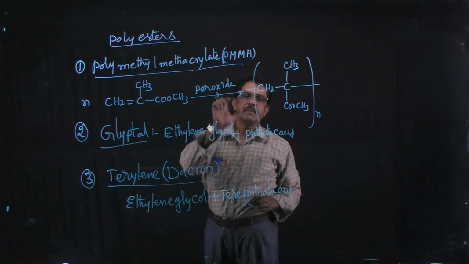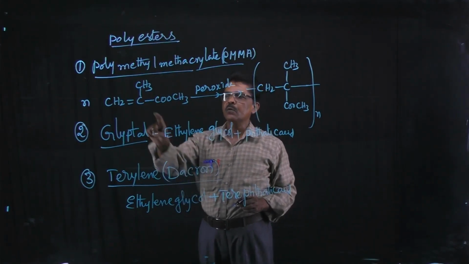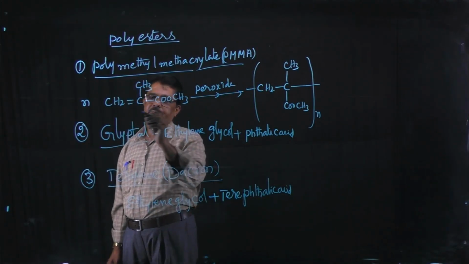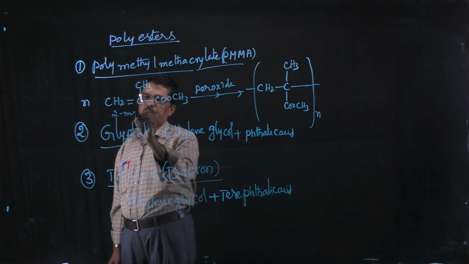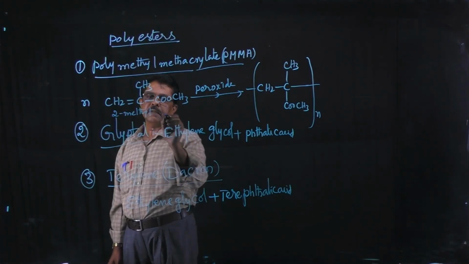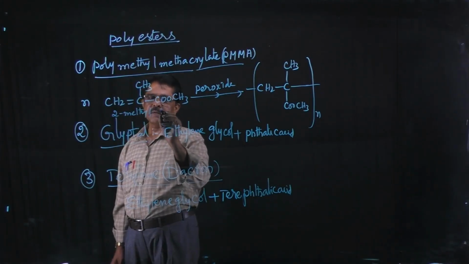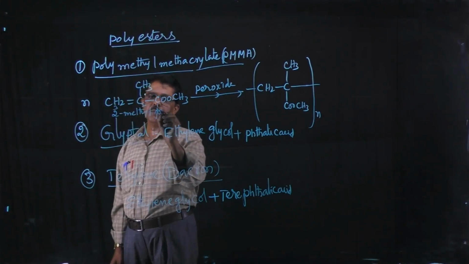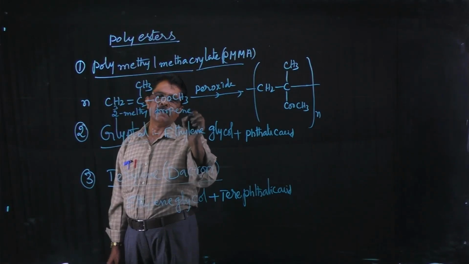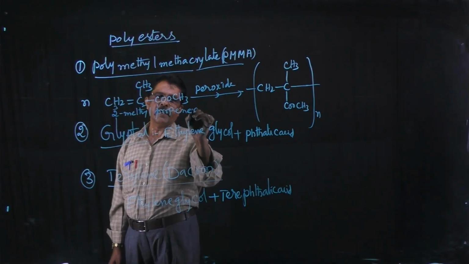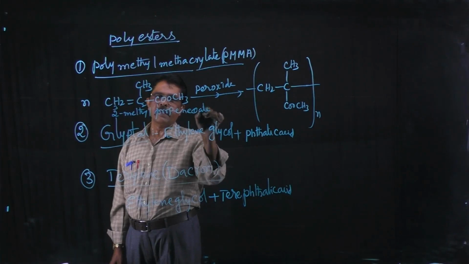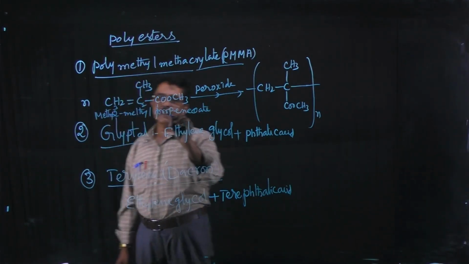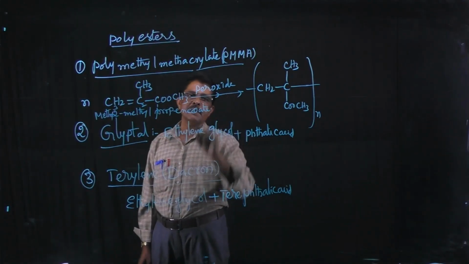So in this polymer, the monomer is methyl 2-methyl propenoate, 3 carbons are there, in the presence of peroxide.